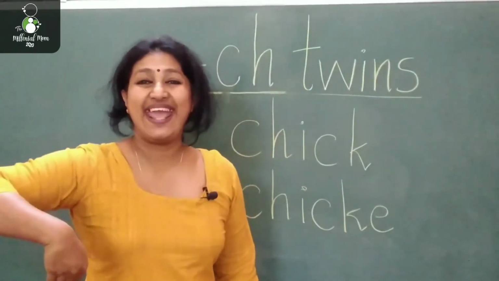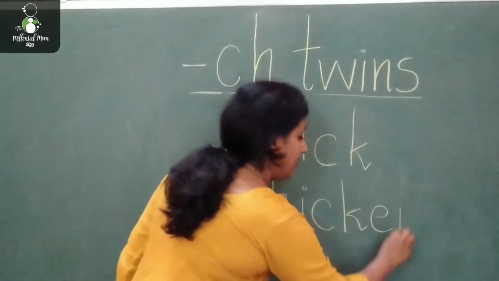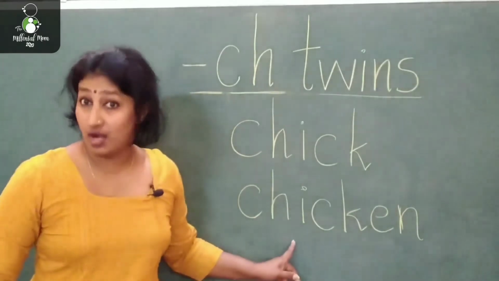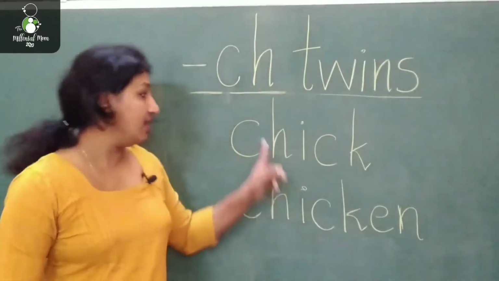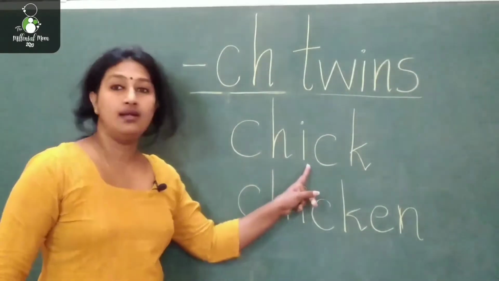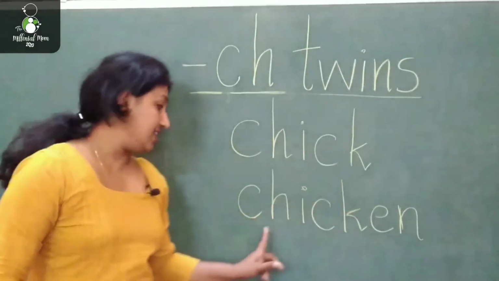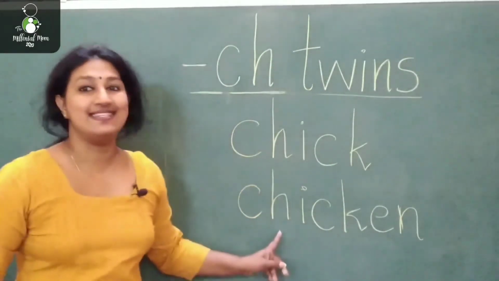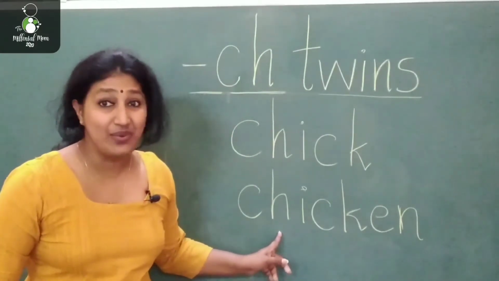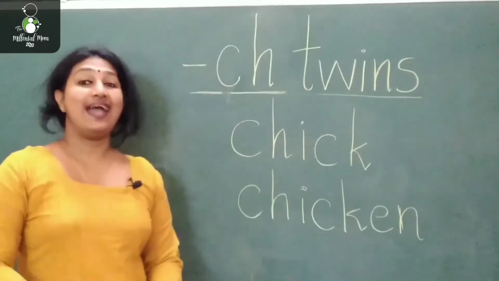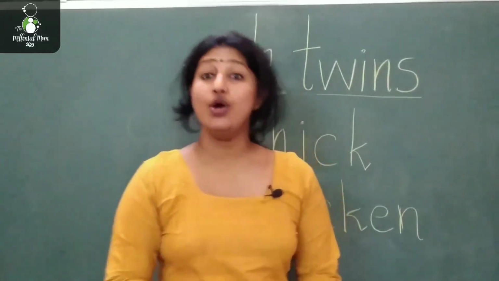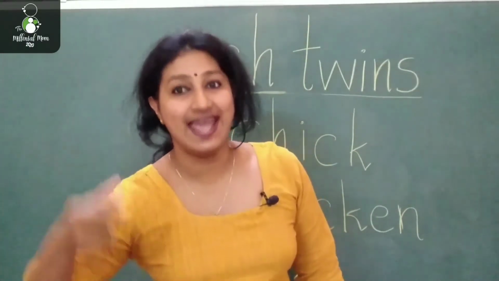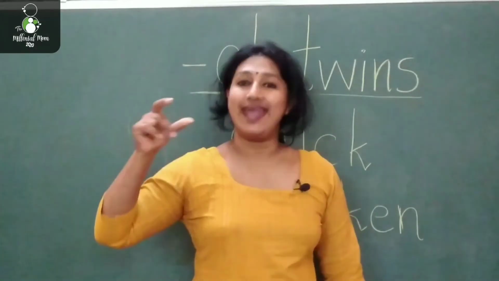E. N. See how easy it is to learn how to spell the word chick and chicken? Chick, ch, ik, chick, and E, N is chicken. Isn't this a very easy way to write the spellings?